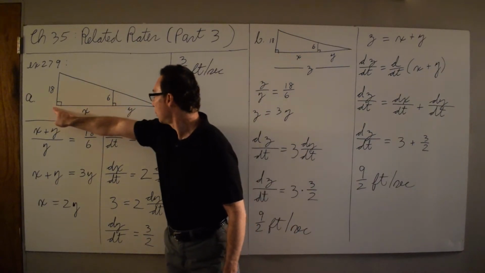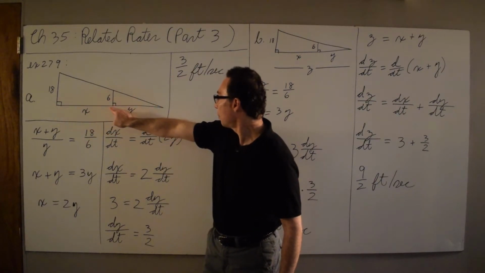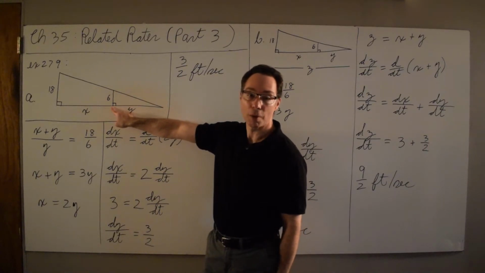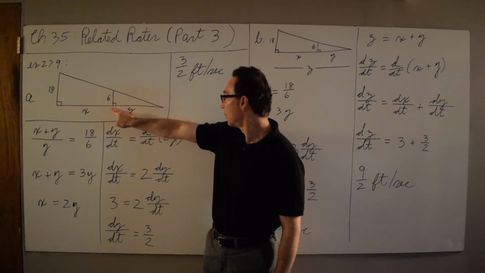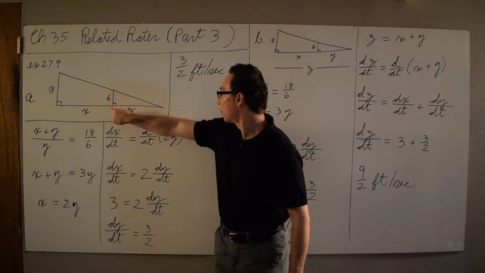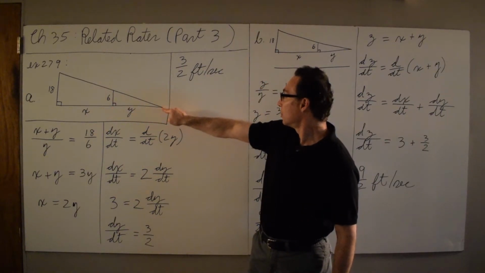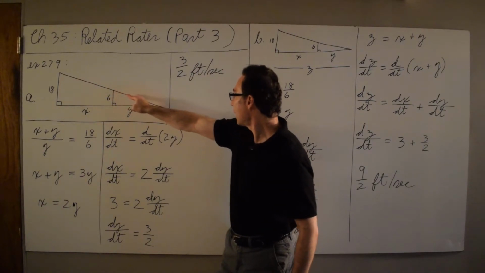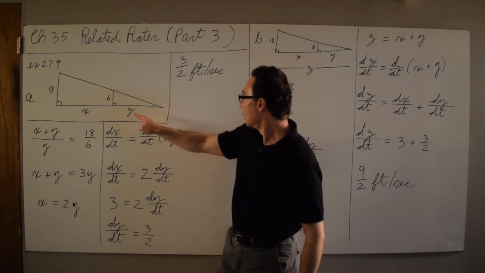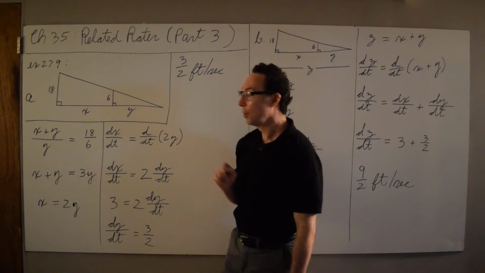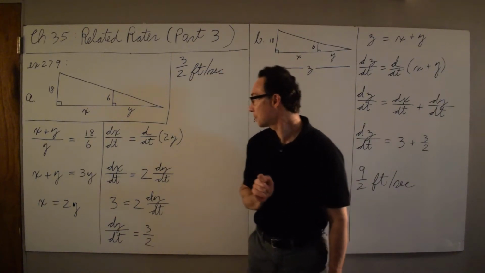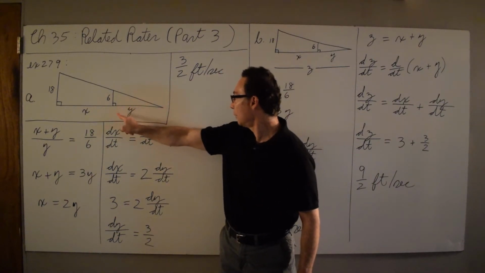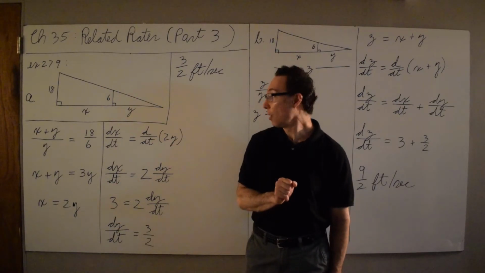We're given the rate of change that he's walking away from the lamp post, so this represents his position right here. And we're asked for the rate at which his shadow is increasing. So the light is coming through here, hits his head, casts a shadow. And so this is the length of the shadow on the sidewalk. And we want to find the rate of change of y with respect to time.